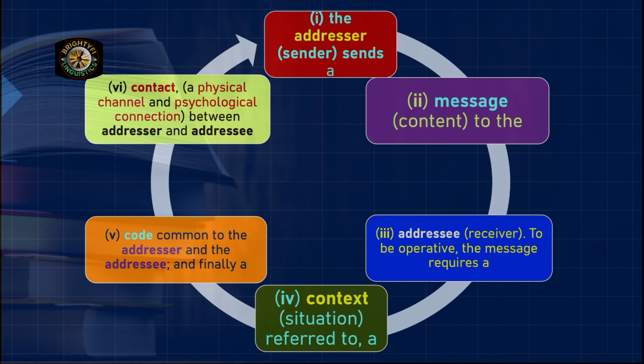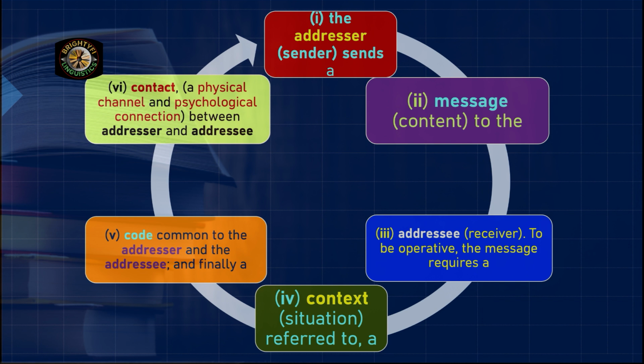So the sixth point is that we need a physical channel, either talking together, sitting in front of each other, or through any mode, maybe radio, television, or mobile, through which you can communicate to your friend, to the audience. And at the same time, you must have psychological connection, because without it between the addresser and the addressee, the communication cannot take place.